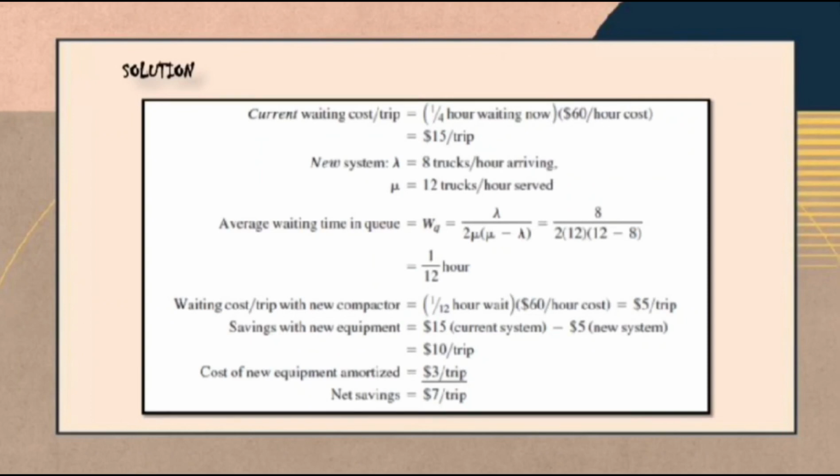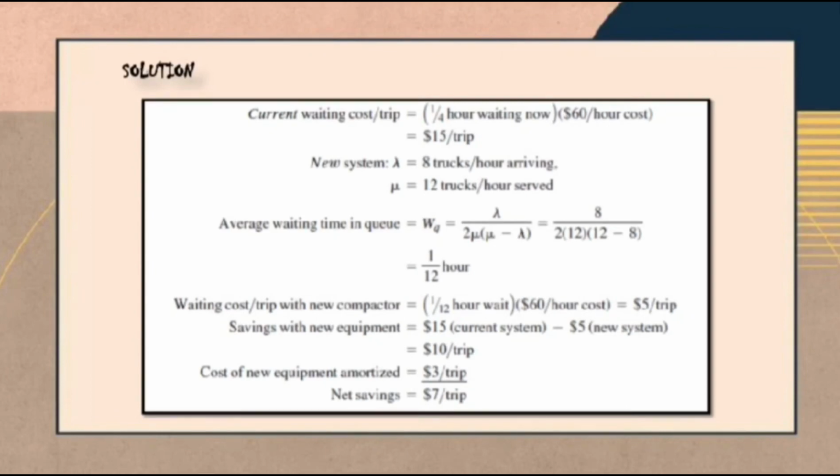But if we follow fractions, that is just 1/12 hour. So to solve the waiting cost per trip with the new compactor, we use 1/12 hour times the $60 per hour cost. We come up with $5 per trip.